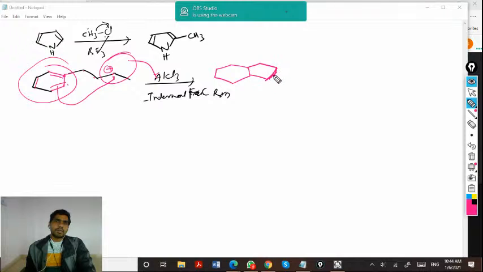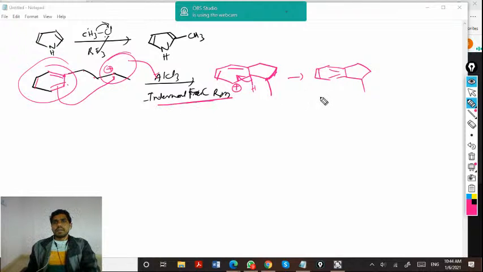This carbon and this carbon are joining, so this is the attaching carbon which is having the methyl. This last bond means it is having a positive charge, and these are the double bonds. When hydrogen is there, it's going to lose H plus. So this is what internal Friedel-Crafts resulting in bicyclic systems. Okay, bicyclic system. So now try to work out.